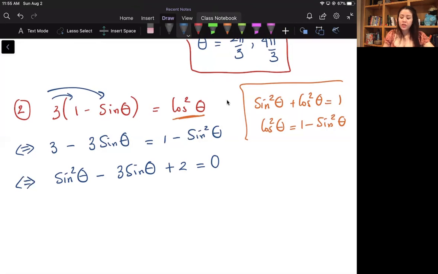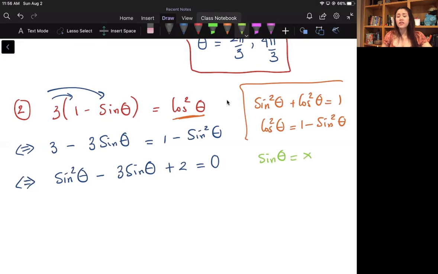Now, same as with solving an algebraic equation, you have 0 on one side. So on the left-hand side, you would like your expression in factored form. If you have a hard time seeing this as a quadratic, I suggest that you set sine theta equal to x.